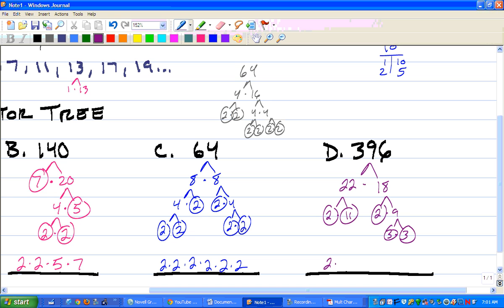So the prime factorization of this number is 2 times 2 times 3 times 3 times 11.